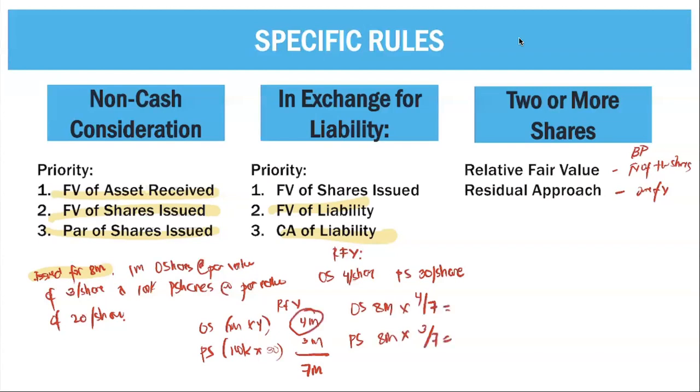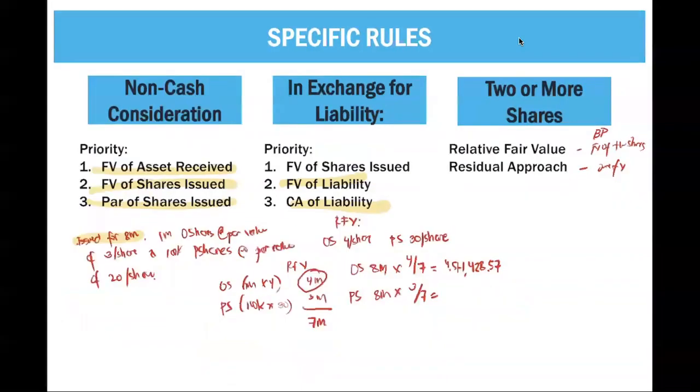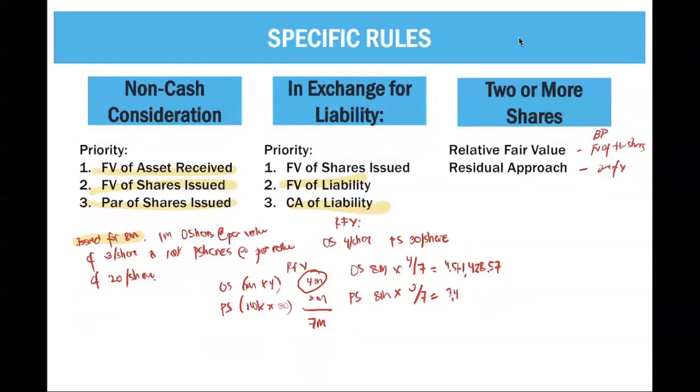So how much is allocated? 8 million times 4 over 7 is equal to 4,571,428.57. Okay? And for PS, we have 8 million times 3 over 7. We have 3,428,571.43.